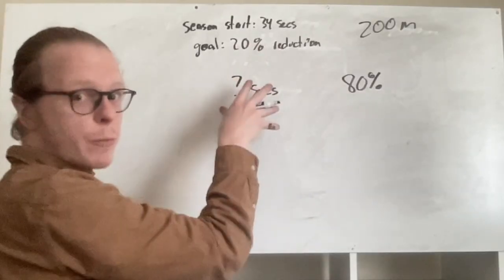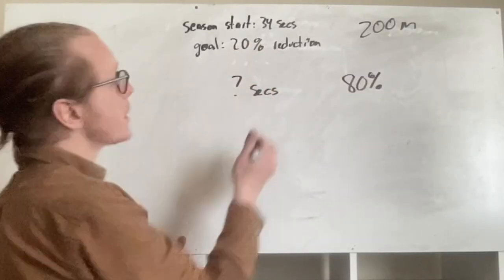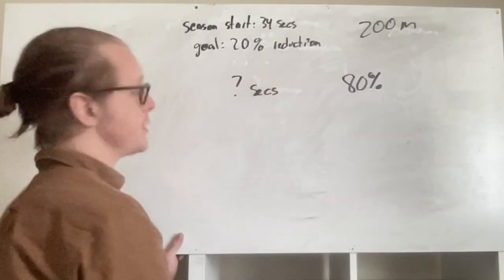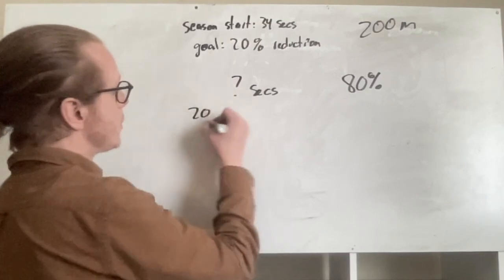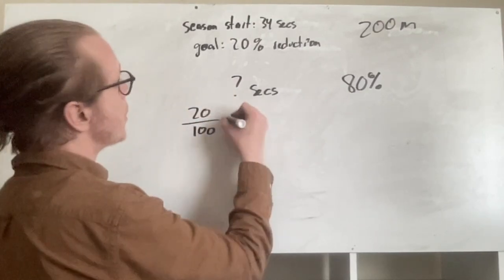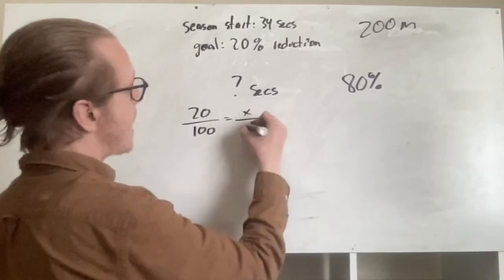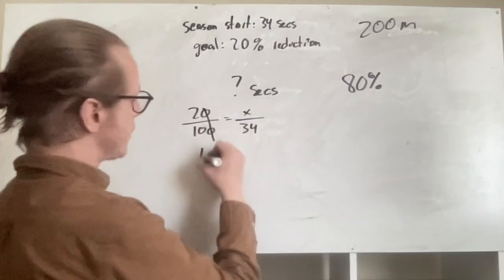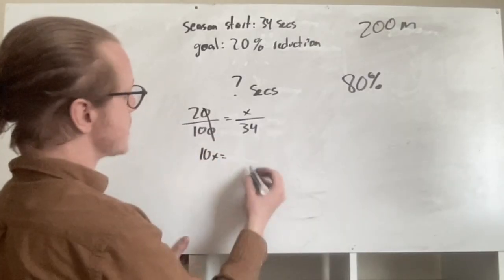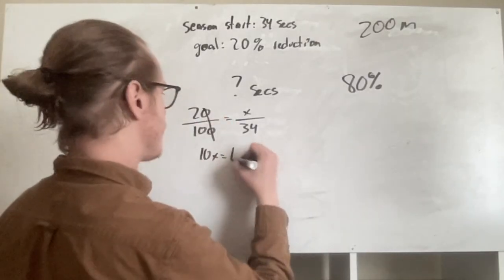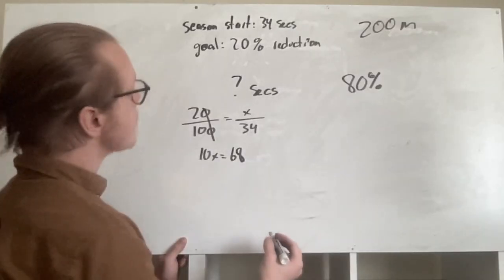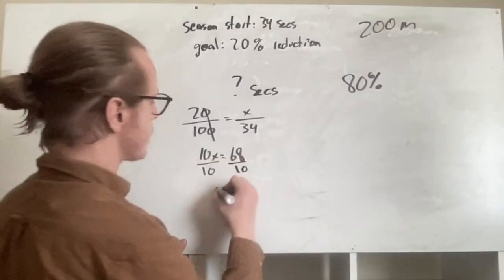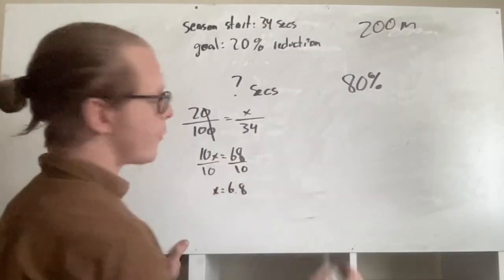This is the last problem we're going to do, so we'll solve it both ways. Let's start by just figuring out, well, how many seconds would a 20% reduction be? Well, 20% or 20 out of 100 is x out of 34? Well, 10x is 68, right? Divide by 10. 6.8.